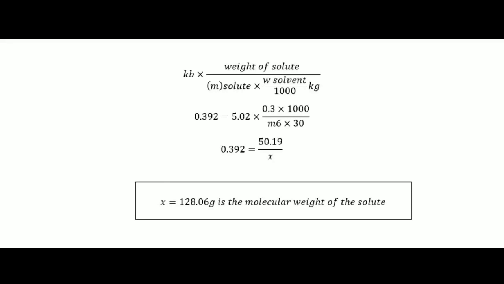Then we're going to have 0.392 is equal to 50.19 over x, and we're going to divide 50.19 by 0.392, and we're going to get 128.06 grams as the molecular weight of the solute.